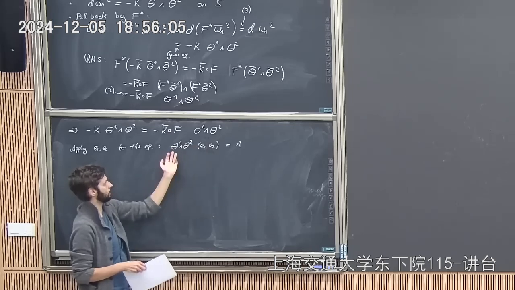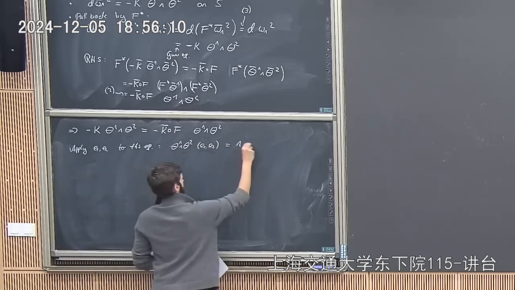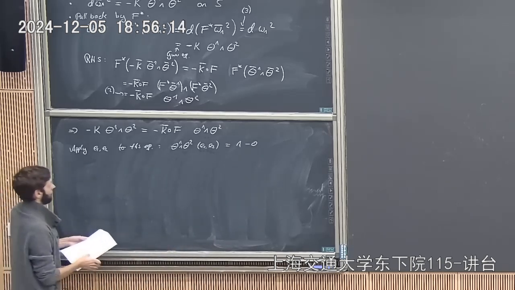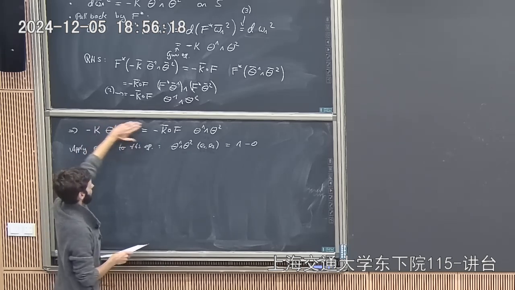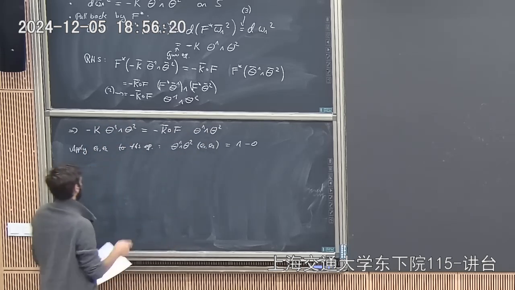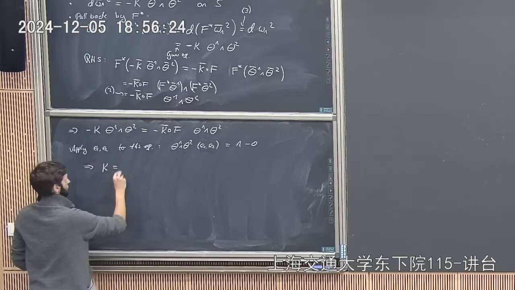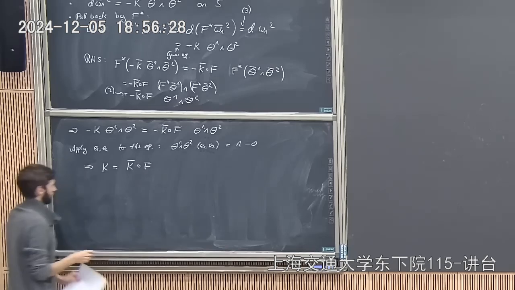If you turn them around, they hit the opposite one, which gives you 0. So it's 1 minus 0. If you apply E1 and E2 to this equation, these terms just vanish, giving you 1. And what you end up with is that K equals K bar of F.